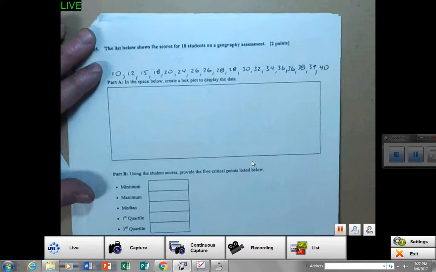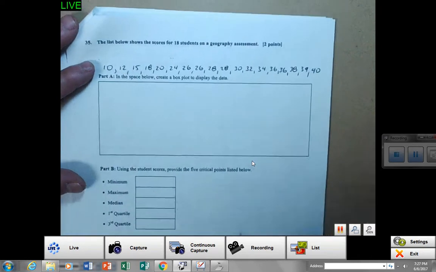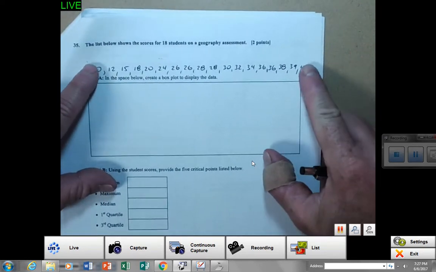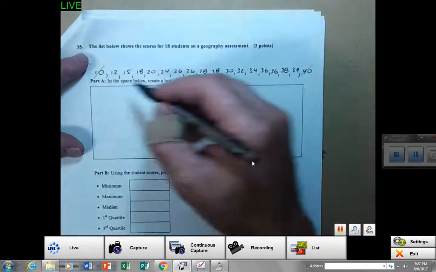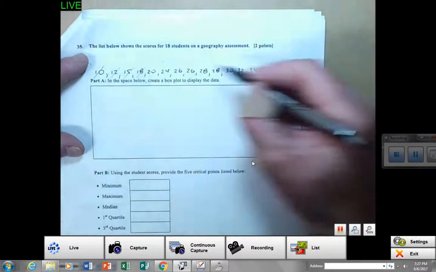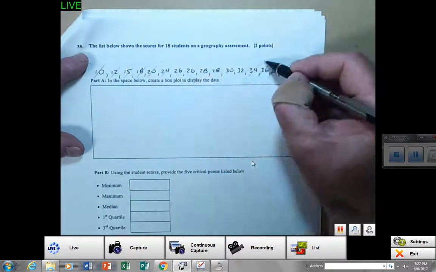All right, last. Box and whisker. It's already in order for you. I'm going to find the middle number counting in from the outside. So 10, 40, I'm going to cross them off. So there's that. Next one. Third one. Fourth one. Fifth one. Sixth one.